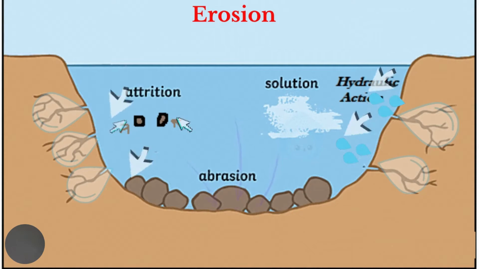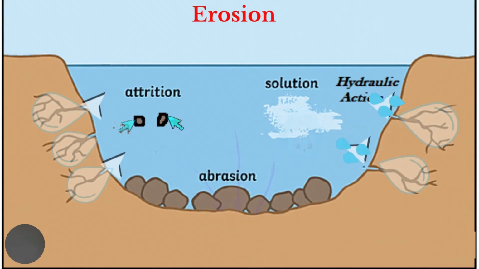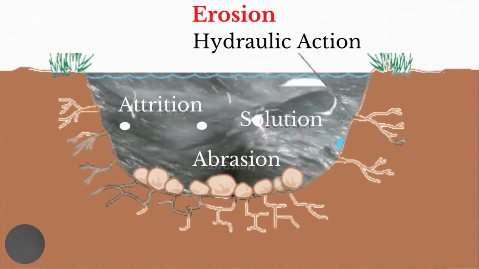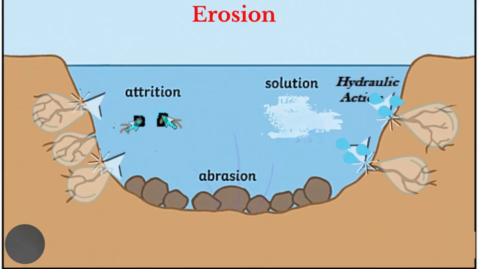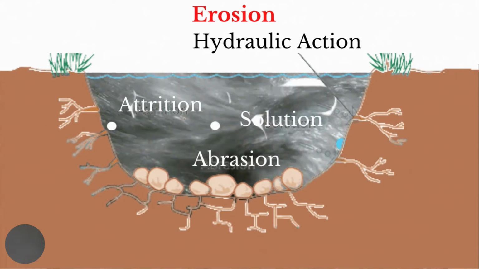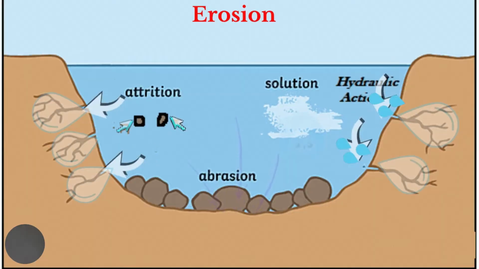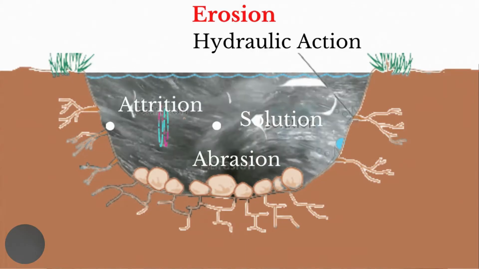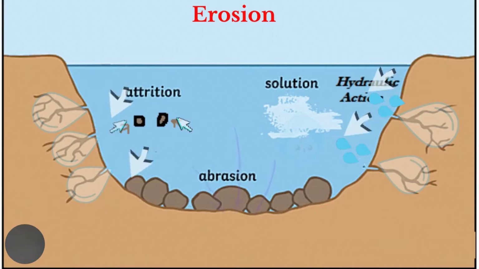One way in which hydraulic action may take place is where the water is forced into cracks, and as it is forced into the cracks, it causes the cracks to expand, and when the water moves away from the cracks, they contract, and so over time the expansion and contraction cause the cracks to break up, or the rocks to break up.